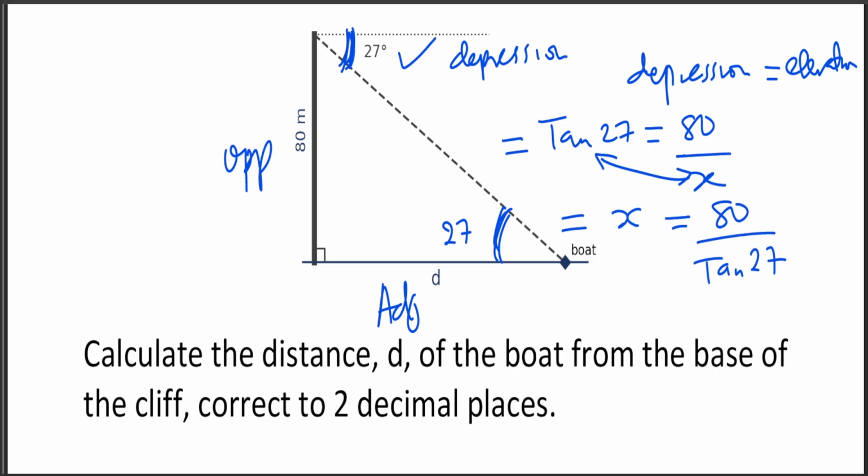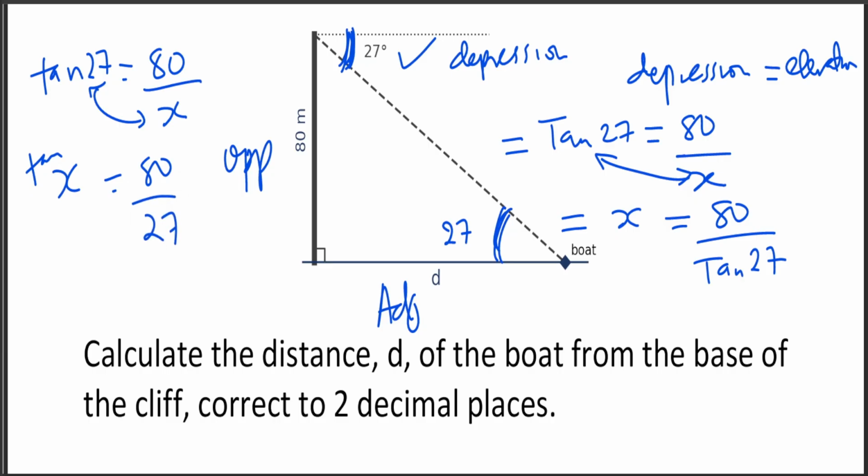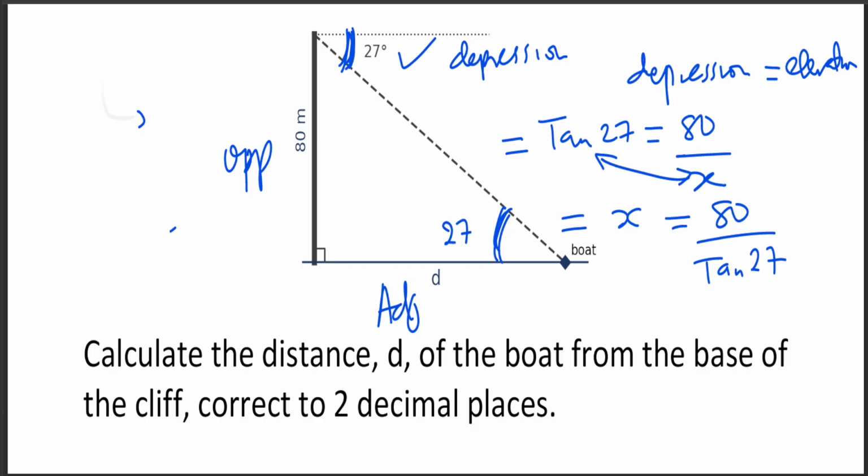Now another mistake that students make: they already know tan 27 is equal to 80 over x. When I tell them to replace, they usually do it this way: they bring x, leave tan, then take 80 divided by 27. This is wrong, don't do that. You move everything together with its tan, that is why the tan goes down and x goes up, so it becomes easier to find the value of x.